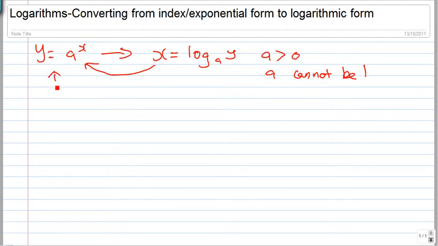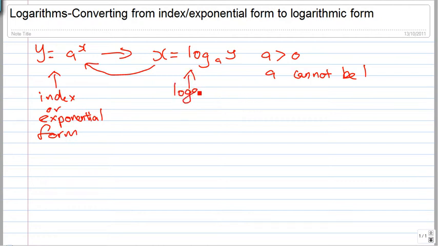Alright, so this is the index or exponential form that we are talking about. When you have something to the power of something, that's an index form, and this is your logarithmic form.